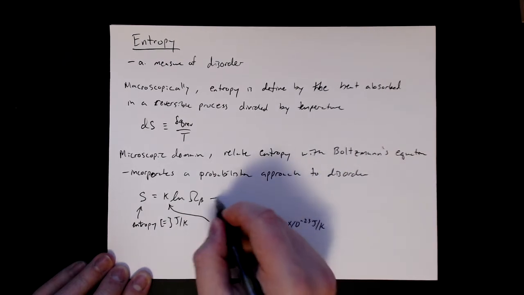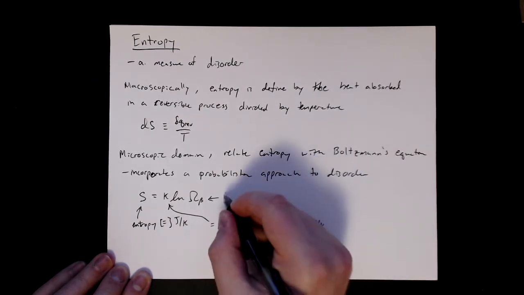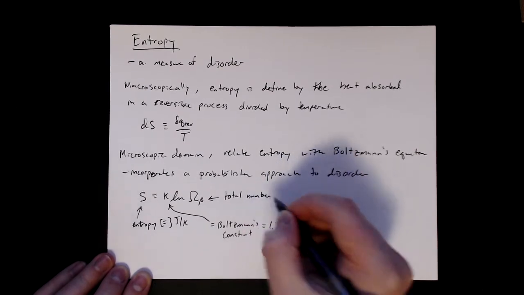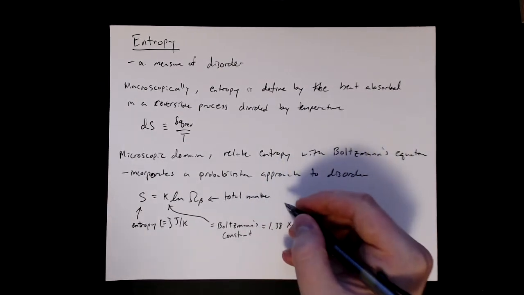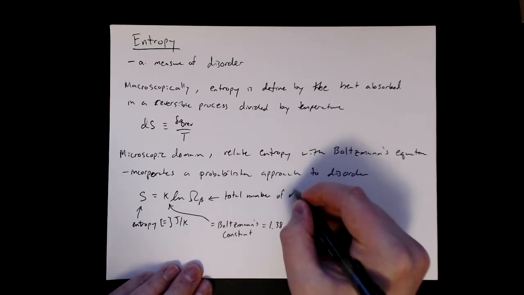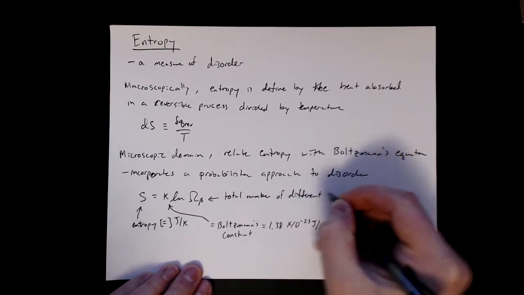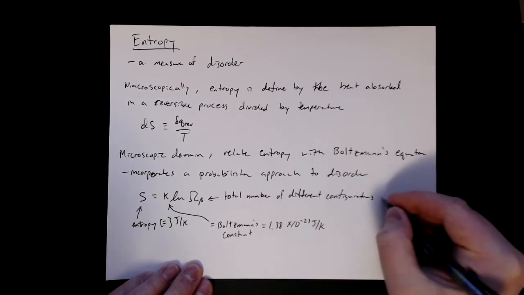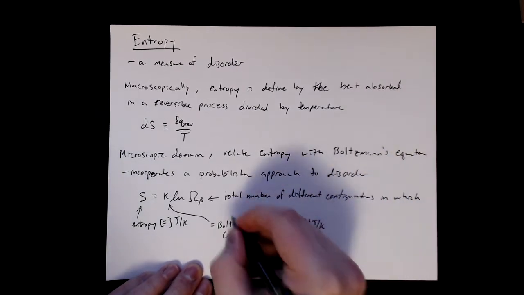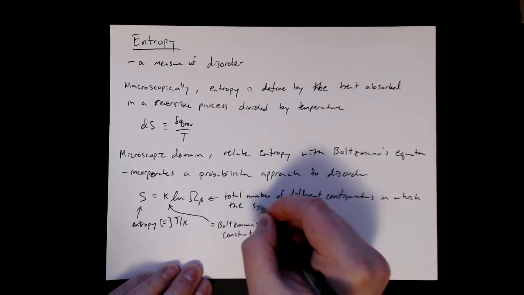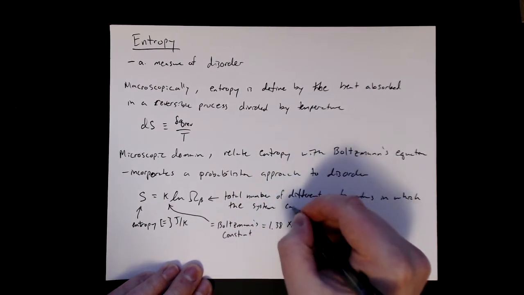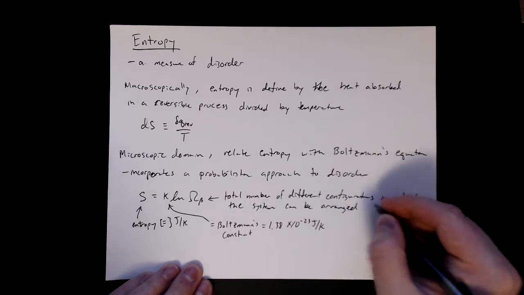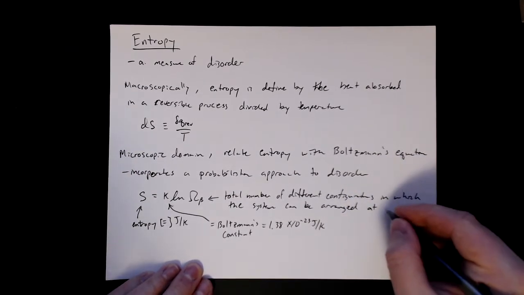And then we have this last term, omega, which is the total number of different configurations in which the system can be arranged at a constant energy.